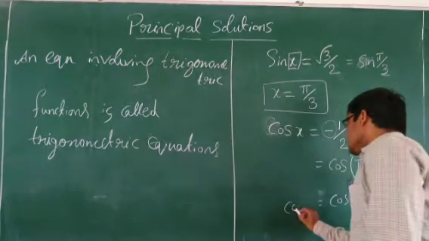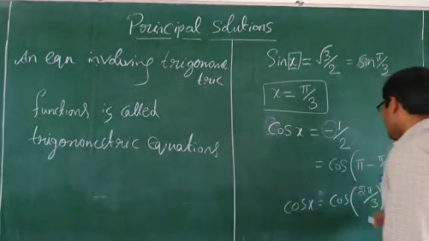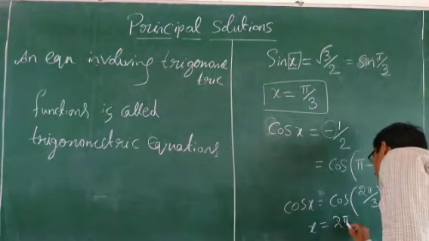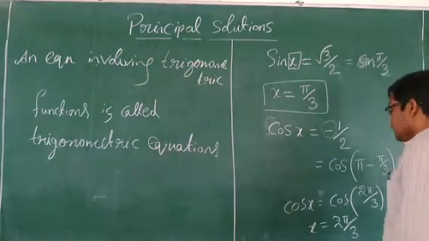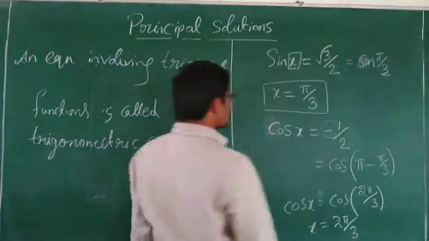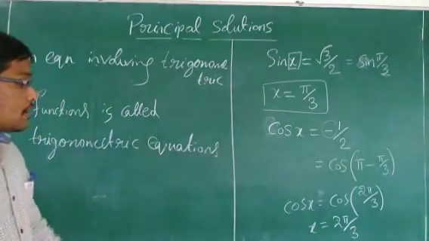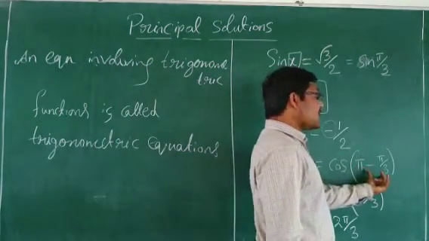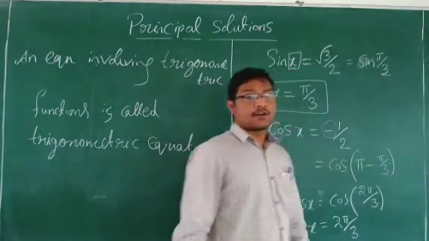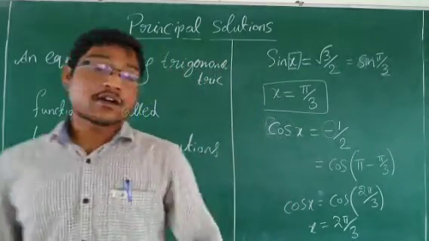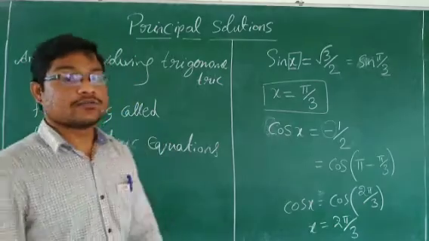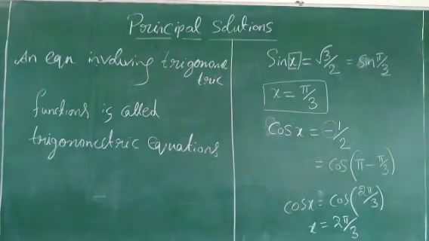So we can write x is equal to 2 pi by 3. Now we can see this angle we are getting in the second quadrant. We can also get cos negative in the third quadrant.